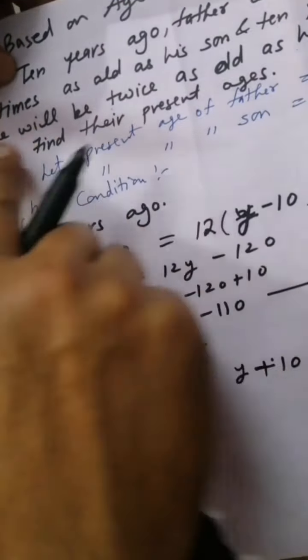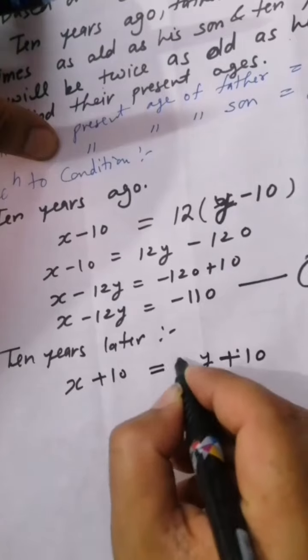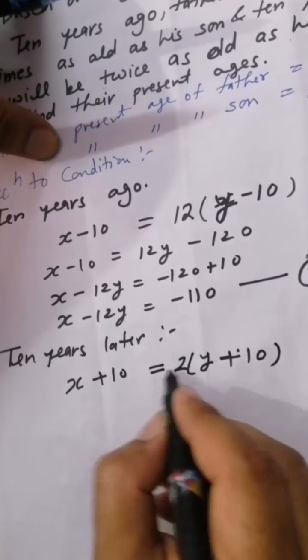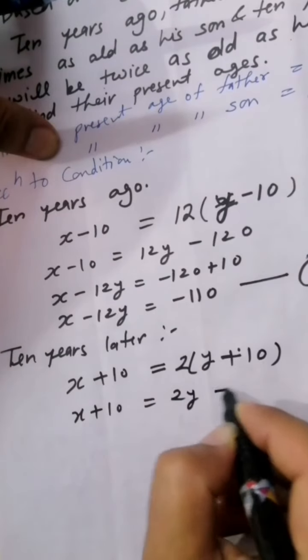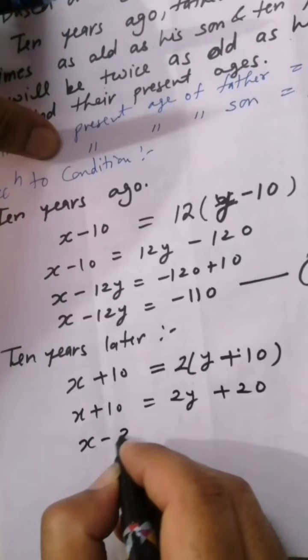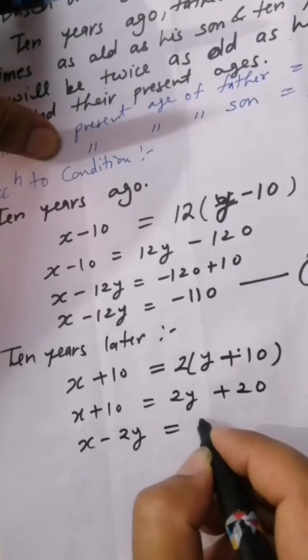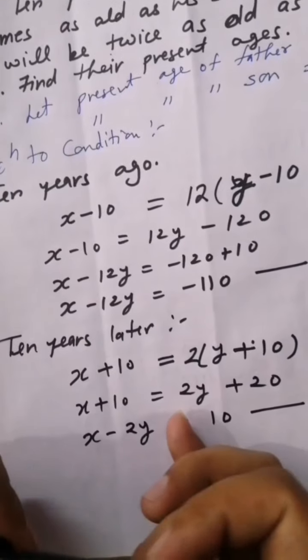And the second condition, he will be twice as old as his son. So for making these equal we have to multiply here by 2. Now x plus 10 equals 2y plus 20. So x minus 2y equals 20 minus 10, that means 10. That is equation 2. You got both the equations.